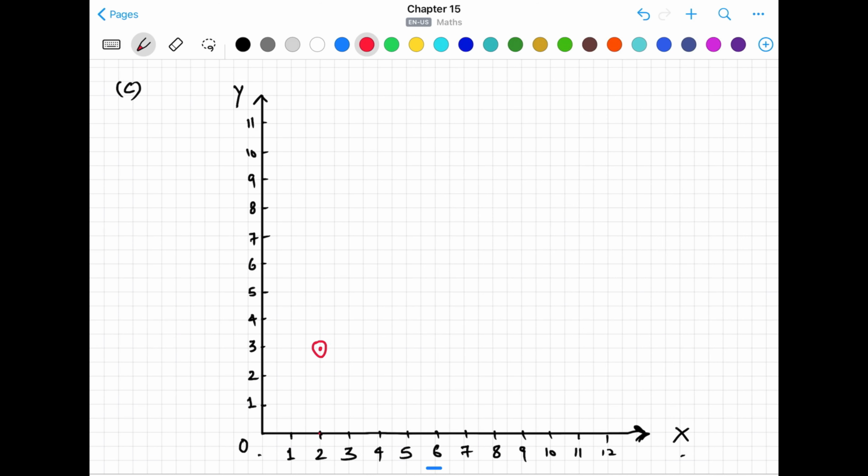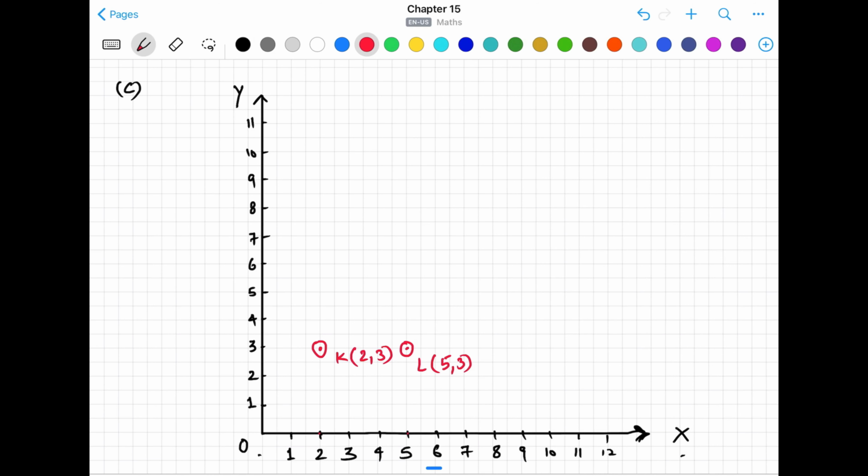So that's our point K, where x is 2, y is 3. Second point is L. L is 5, 3. That means x coordinate is 5, y coordinate is 3, so we'll move 3 places upward. So this is L having coordinate 5 and 3.